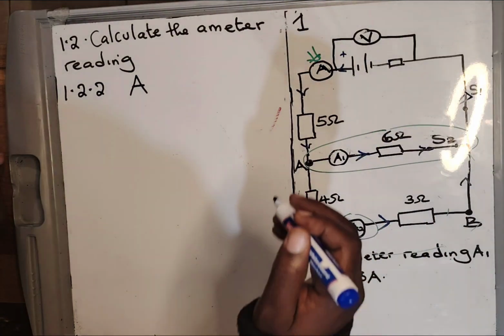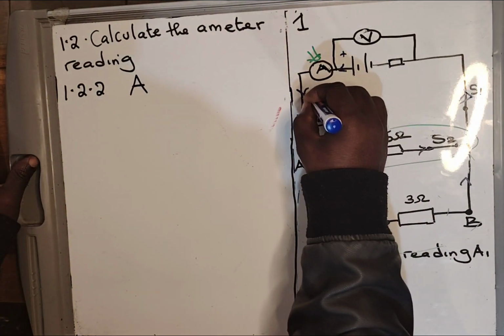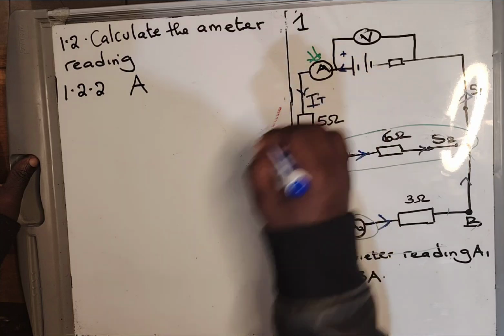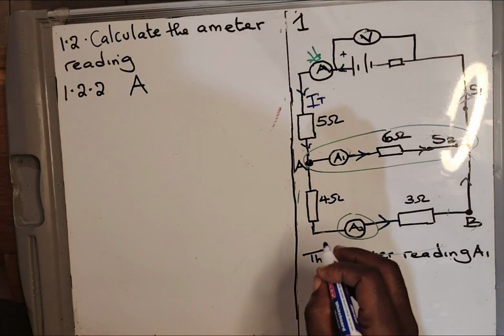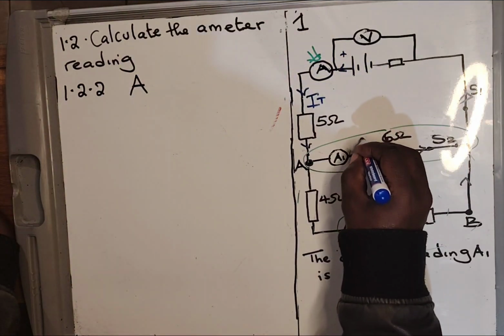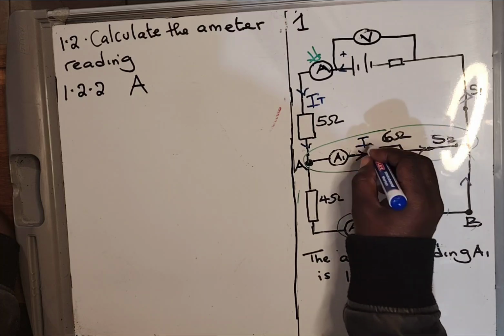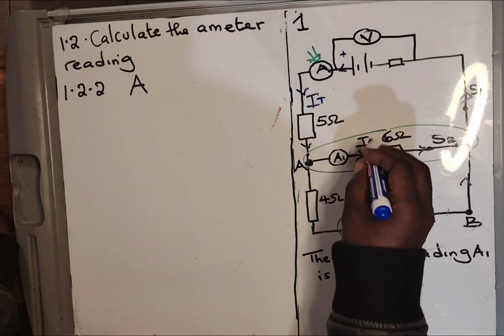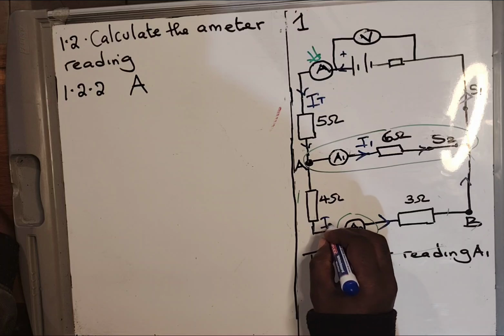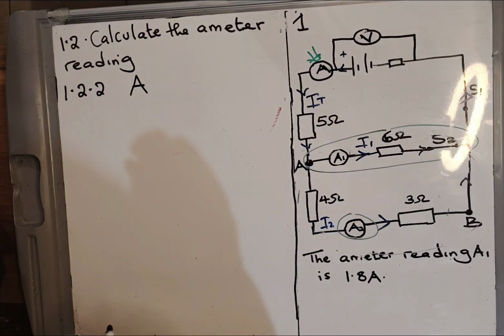So from that explanation of the flow, we can tell that the current we have here is total current. And part of the total current passed here, we can call it I1, and part of that passed here, and we can call it I2.